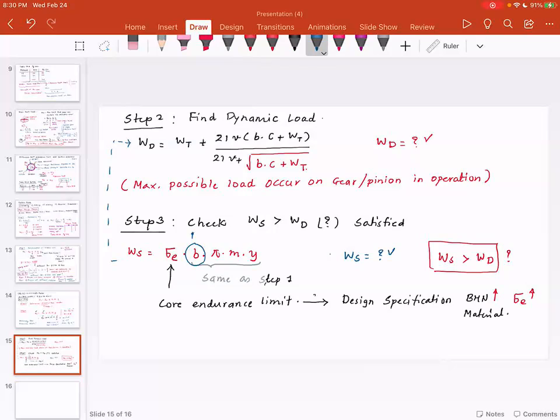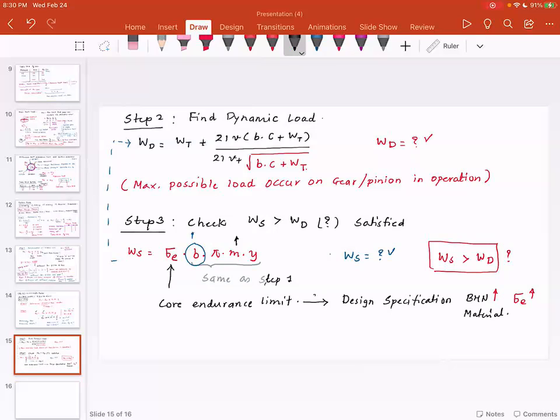So if that approach does not work, then the next approach is, we have to increase the value of M. But recognize, once we increase the value of M, we have to repeat all the steps just to make sure that the velocity factor is correct, our WD is correct, and then WS is correct. So the first step is always change the design specification.